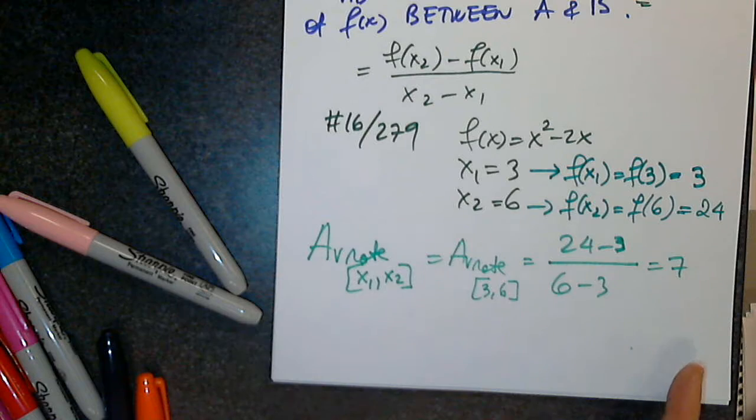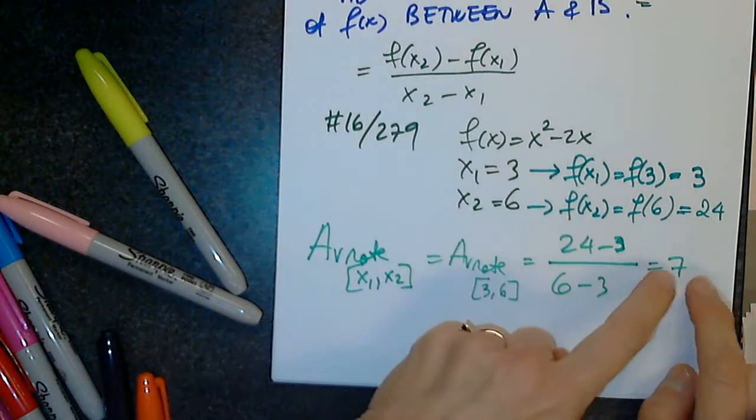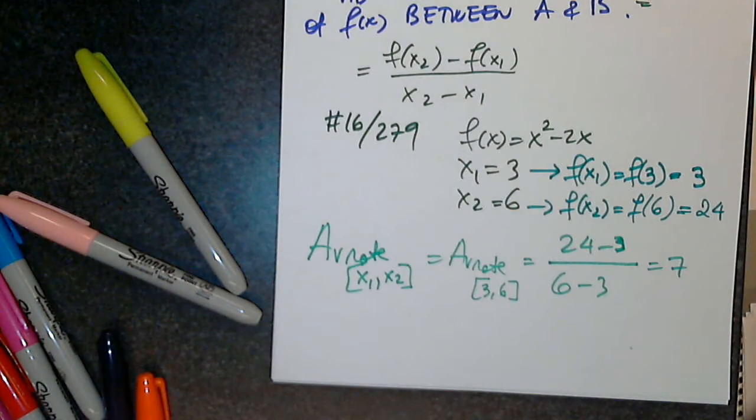So remember the average rate of change, or the slope for that matter, if the two variables represent a real life situation, this number will have a measurement unit composed of two pieces. The measurement unit coming from the top, slash or per, the measurement unit coming from the bottom. Clear? Okay, good.